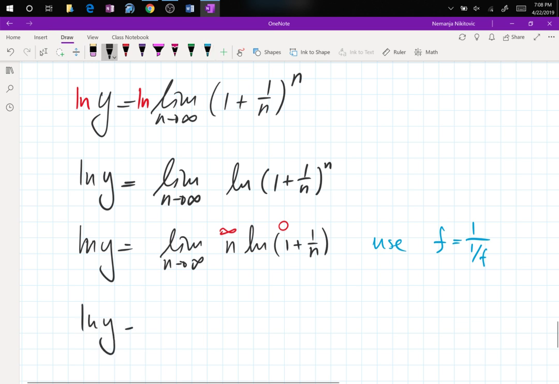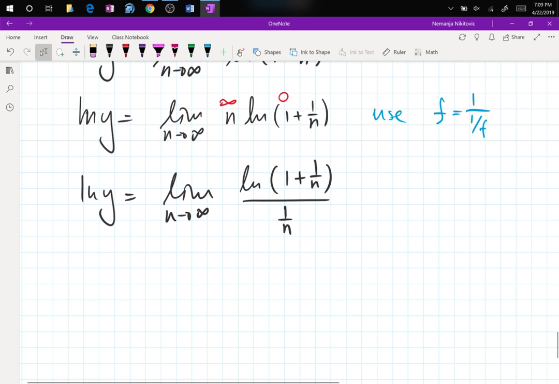So ln y is the limit as n goes to infinity of ln(1 plus 1 over n) divided by 1 over n. Yay! 0 over 0. Unleash l'Hôpital.